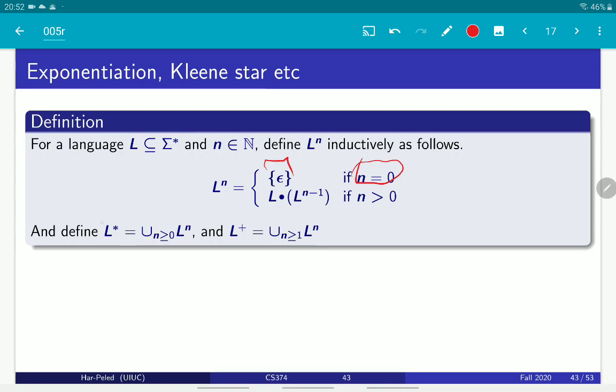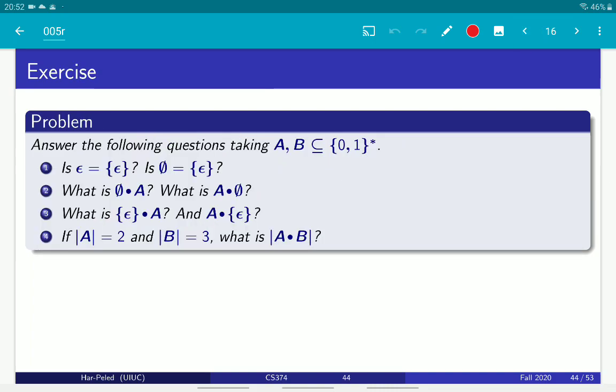Okay, and L star is, of course, going to be the union of all such concatenations. And L plus is going to be the union of all L to the n, starting with n equal 1. So we are avoiding the empty string, essentially.